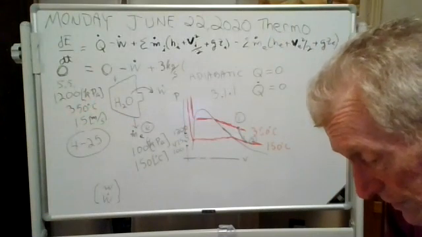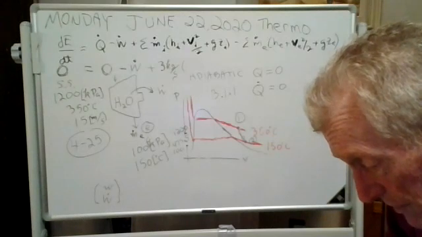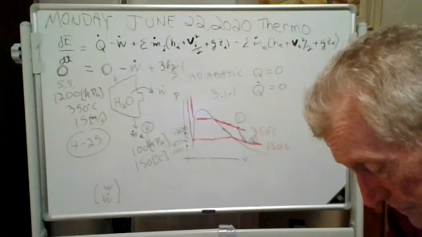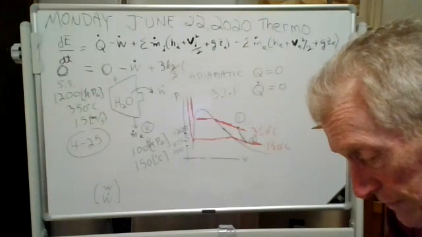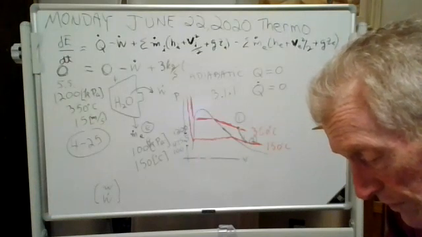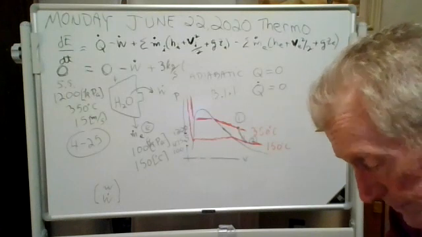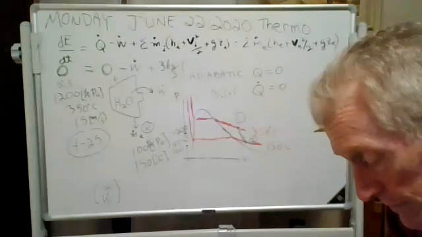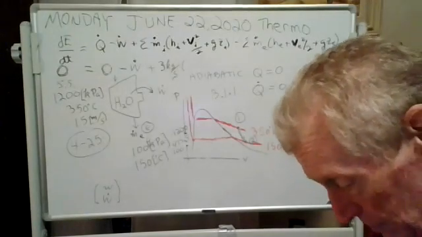Trying to find it here in the tables. 1200 kilopascals. 300 C? No, 350 C. Okay, I found it, guys.